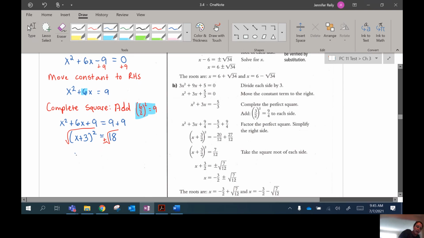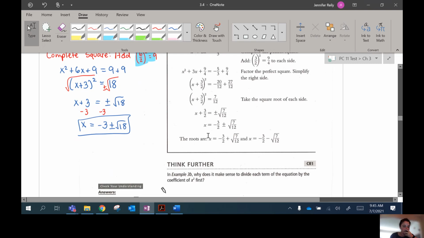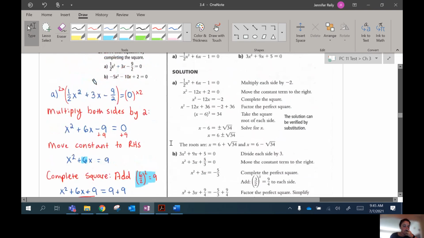Then we'll have x plus 3 equals plus or minus square root of 18. And then we simply subtract 3 from both sides to isolate the x. So here are our two solutions: negative 3 plus square root of 18 and negative 3 minus square root of 18. Okay, so let's just quickly go over one more time.